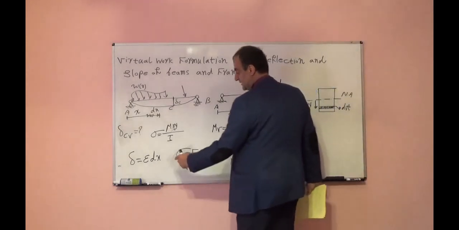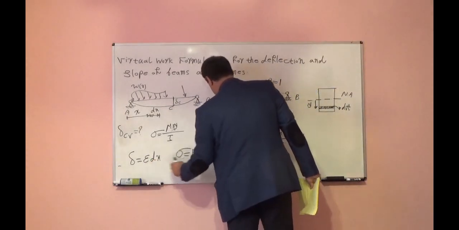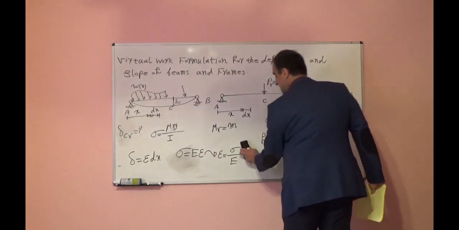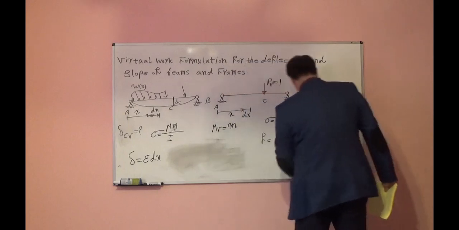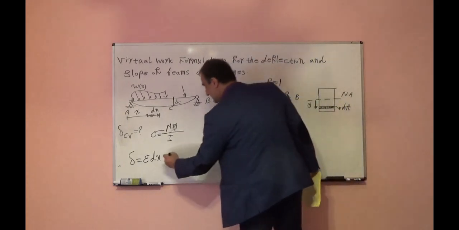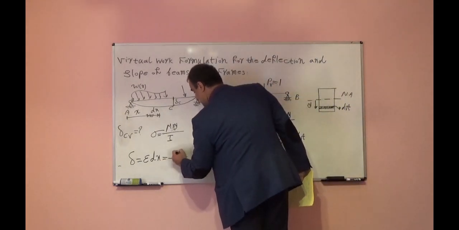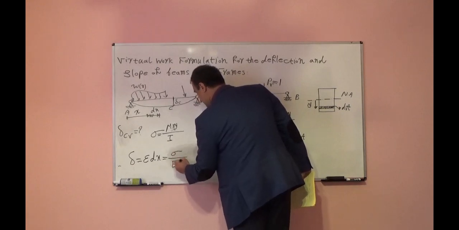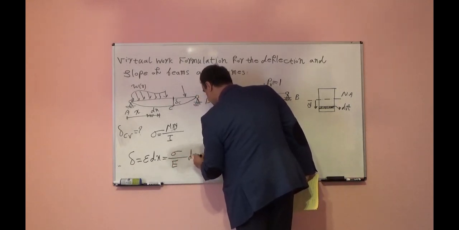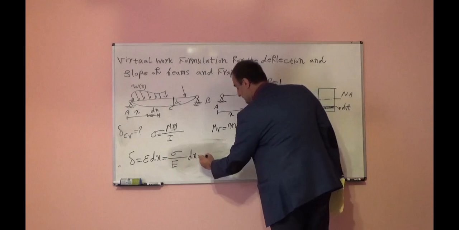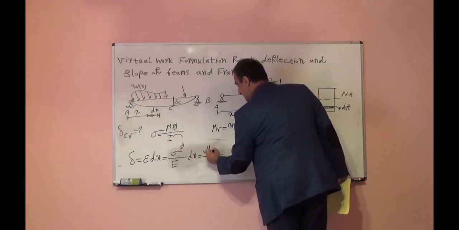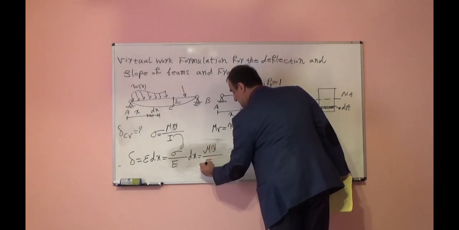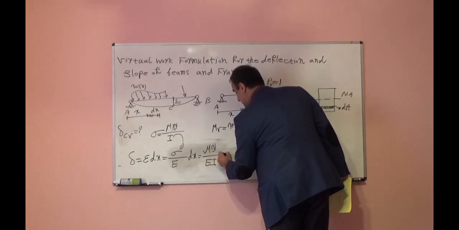So here I will plug in, instead of epsilon, sigma over E, stress divided by Young's modulus. We know all these, so I can write sigma divided by E dx, that will be equal to, instead of sigma you can plug in from here, M y over E I dx.